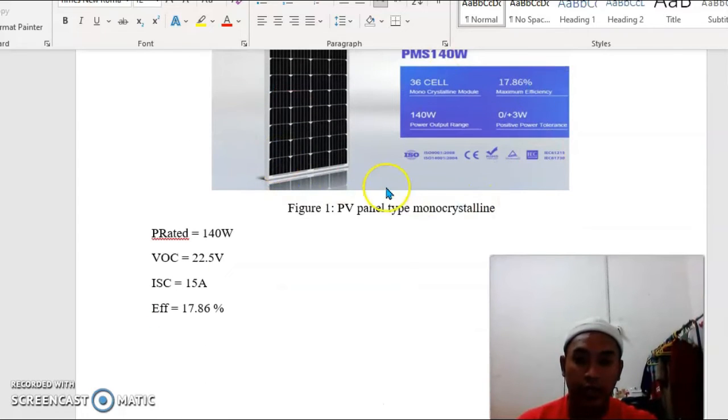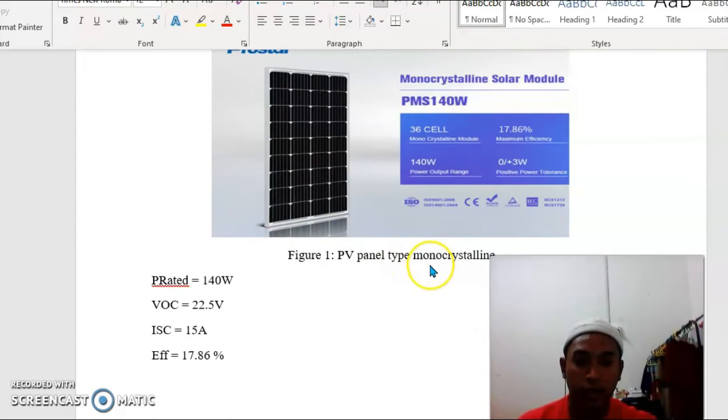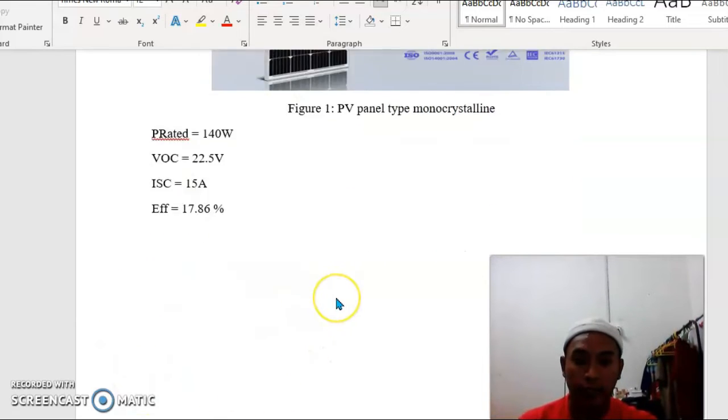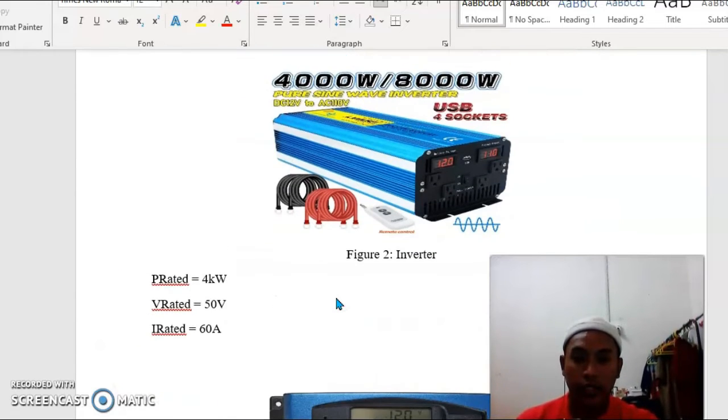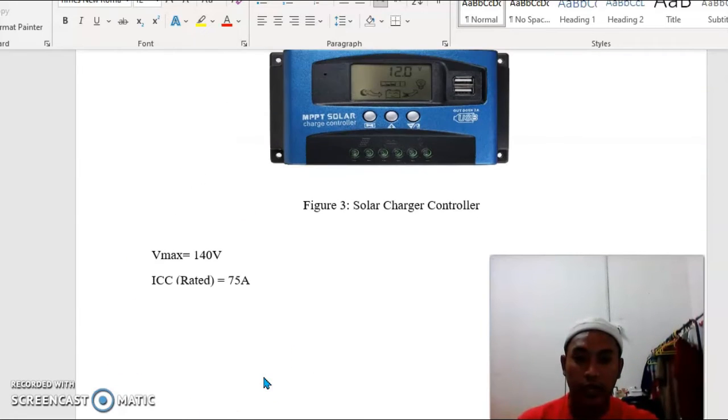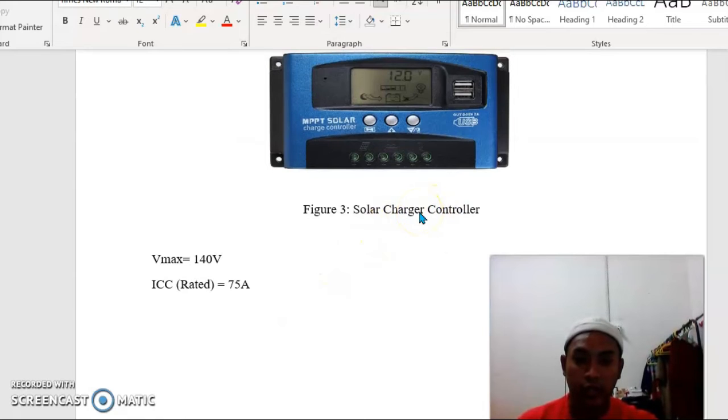This is the figure for the PV panel, monocrystalline PV rate. This one is the value for the PV panel. This is the inverter. This is the value for the inverter, and the solar charge controller, the last one, and this is the value for the solar charge controller. I think that's all from me.